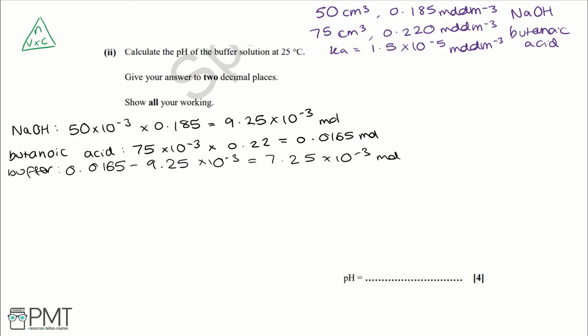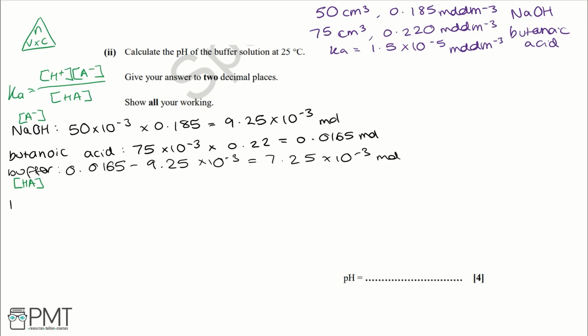And we need to then work out the new concentrations for the buffer and sodium hydroxide, because we're going to be using the equation of Ka equals concentration of H+ times the concentration of A- divided by the concentration of HA. So the concentration of HA, that's our buffer, and A- is NaOH, so we need to work out their respective concentrations in the total volume of 125 centimetres cubed.